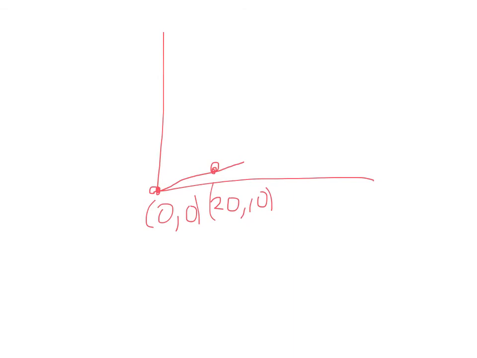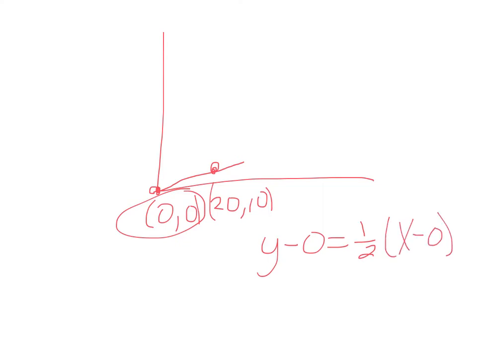So all I have to do here is get my slope by using the slope formula, and then picking one of these points like (0, 0) and saying y minus 0 equals, my slope would be 1/2, x minus 0. And then they want it in slope intercept, so I'm going to write y equals 1/2 x. And that's my answer.